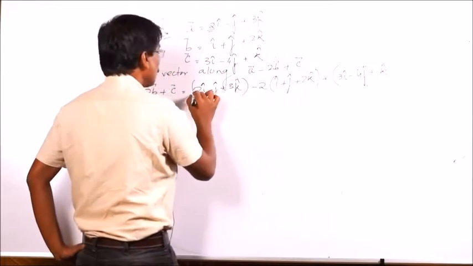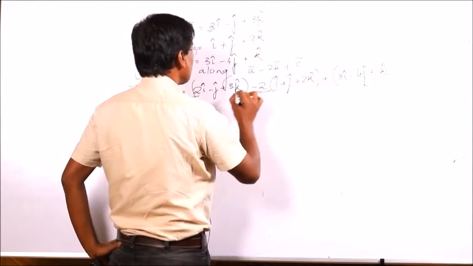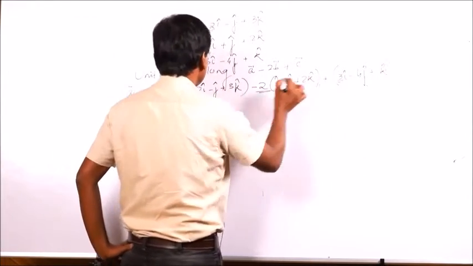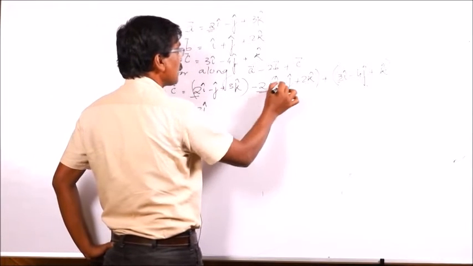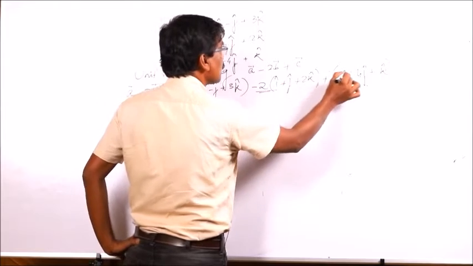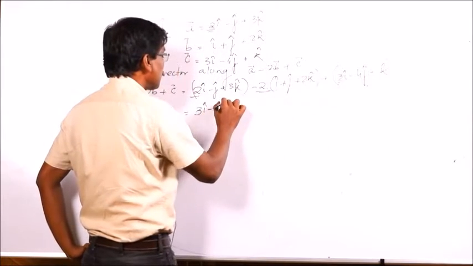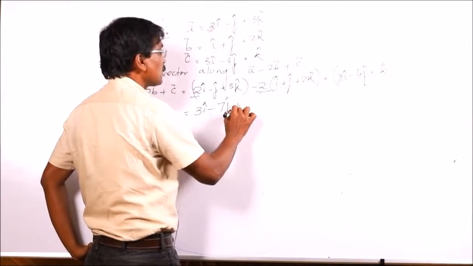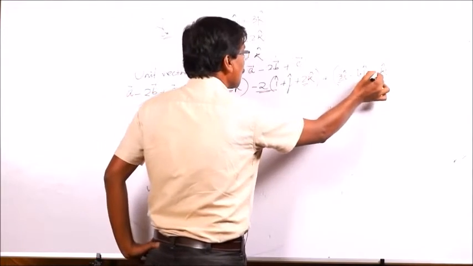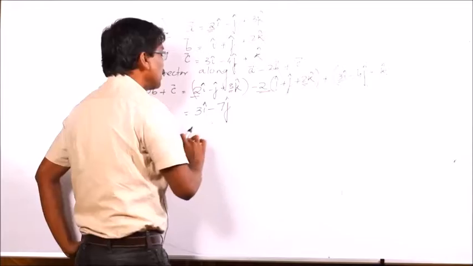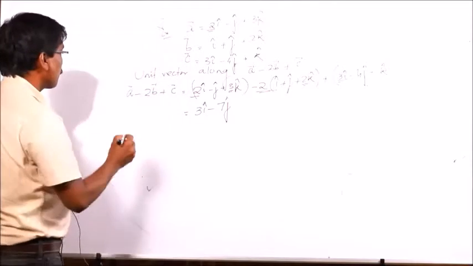So it will be 2 minus 2, that is 0, plus 3, that will equal 3 i cap. Next, minus 1 minus 2, that is minus 3, minus 4, that is minus 7 j cap, plus 3 minus 4, that is minus 1, plus 1. So that will be 3 i cap minus 7 j cap.